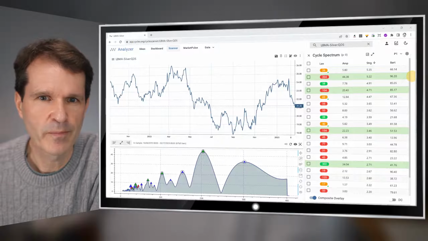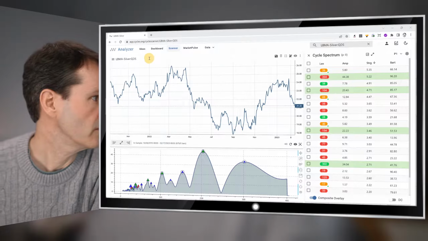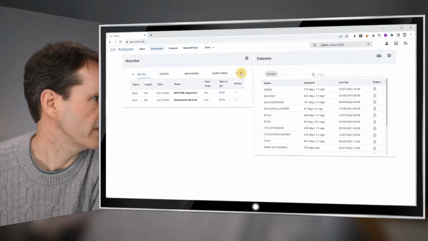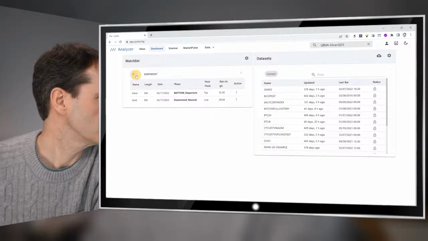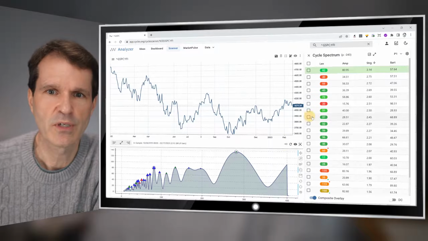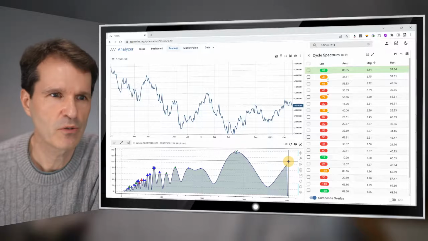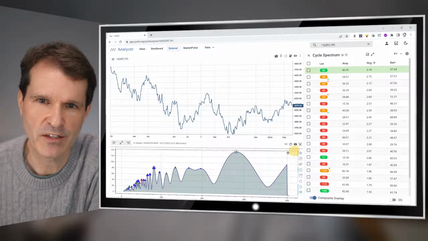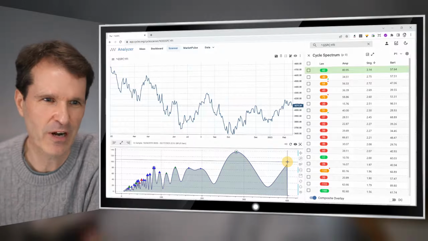Nico, also a good question. I think I need to change to the S&P chart first. Your question is related to the S&P chart I showed. So here it is again. The question you had in the chat, Nico, is about the peak at 400, and this is what you're referring to: the spectrum ends at 400.